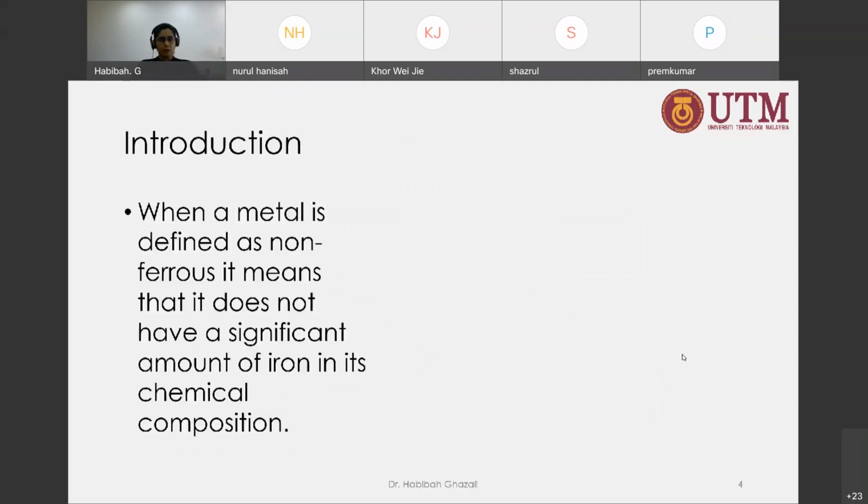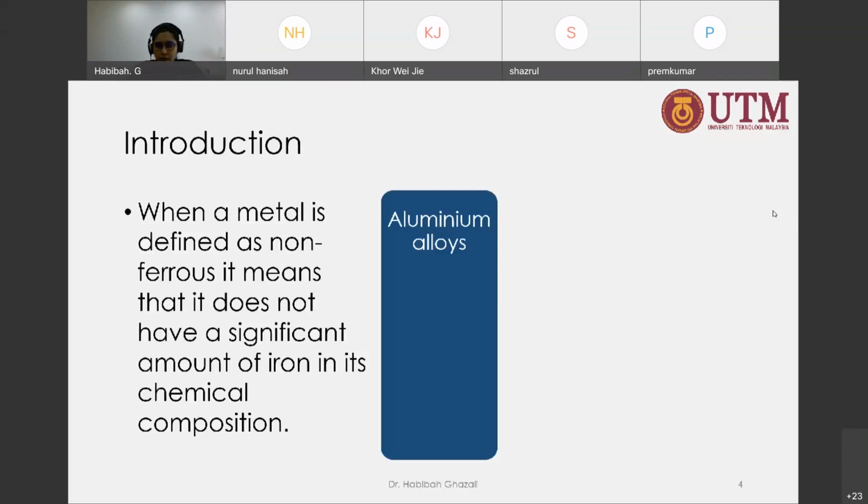When we define a metal as non-ferrous metal, it means that it does not have a significant amount of iron in its chemical composition. Here, if we add iron, it is actually the alloying element. It is not the host material for this alloy.